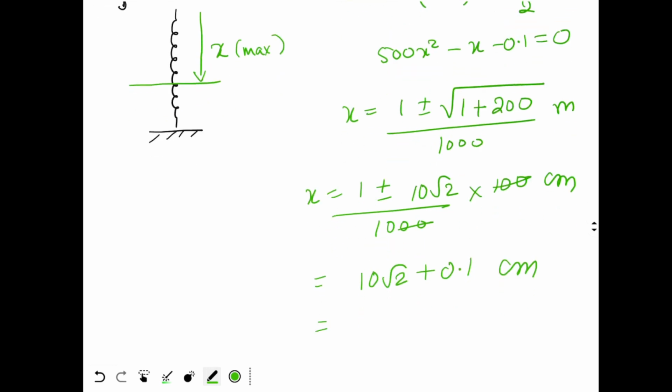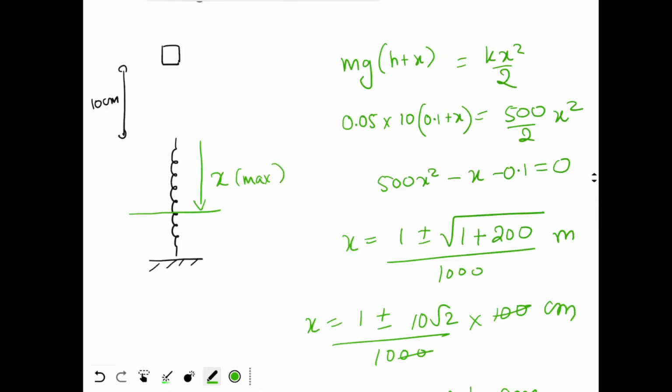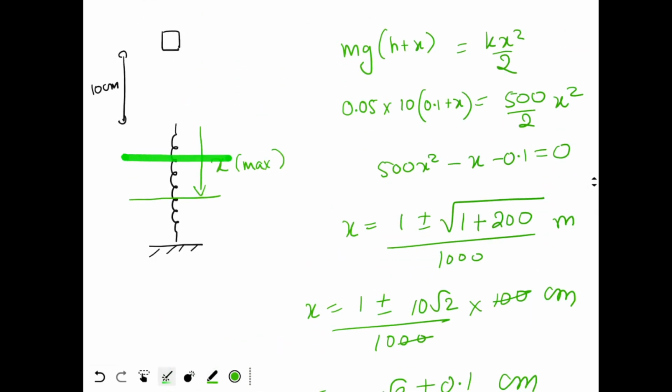Root 2 is 1.4. Okay, sorry, 10 will get cancelled out. Root 2 plus 0.1, so 1.5 centimeter is the maximum compression. This is your max compression.